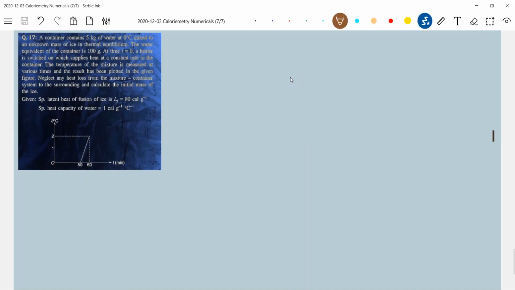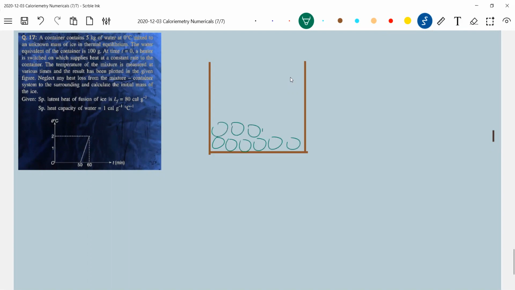Okay, let me help you with at least a diagram. We have a container. It is having ice. This I'll show separately so that you'll understand.